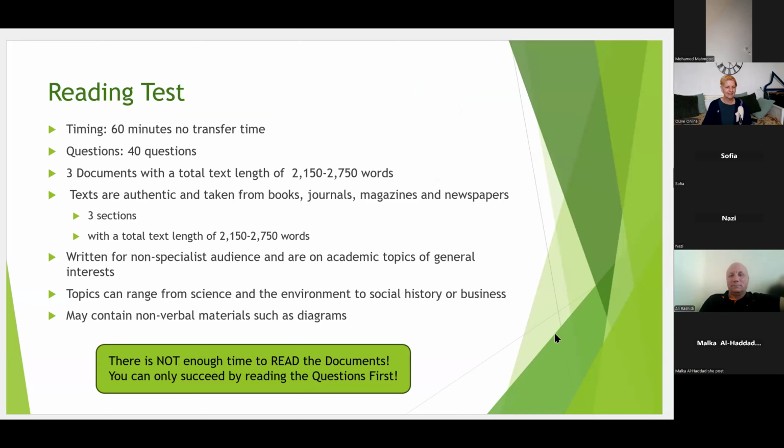So the reading test. Everyone's nemesis, the reading test. Yes, high possible focus, really good. Narrow focus, very good. All right, the reading test is 60 minutes long. You will be writing your answers on an answer sheet. Spelling counts.